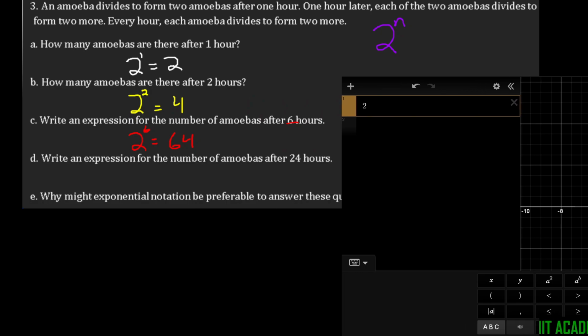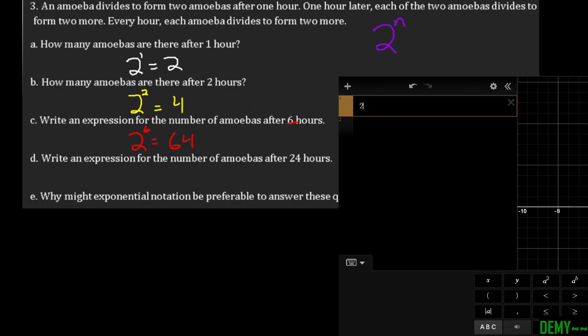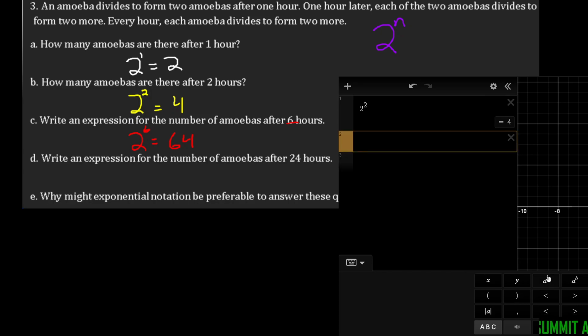So we need to use that exponent button. So 2 squared is going to be 4, and 2 to the exponent of 6 is going to be 64.